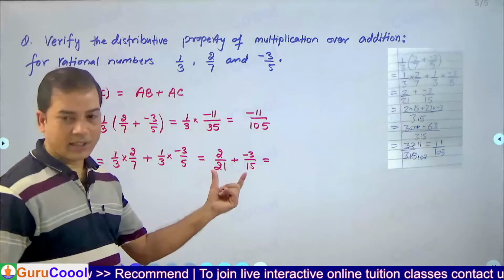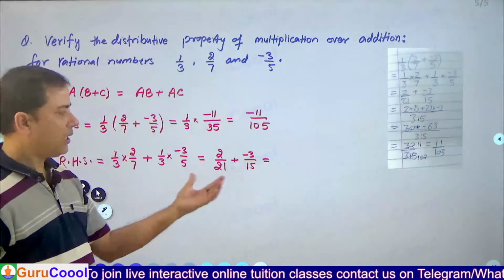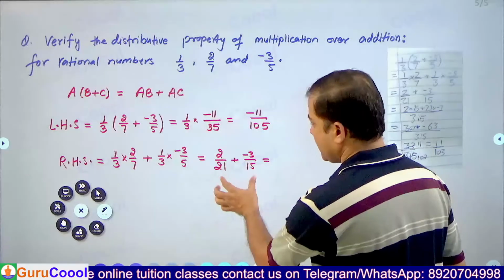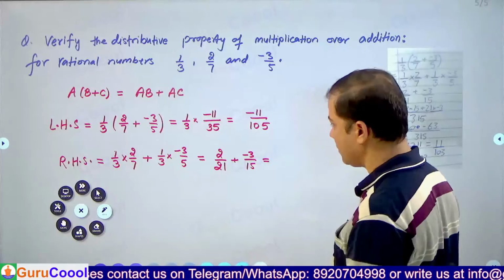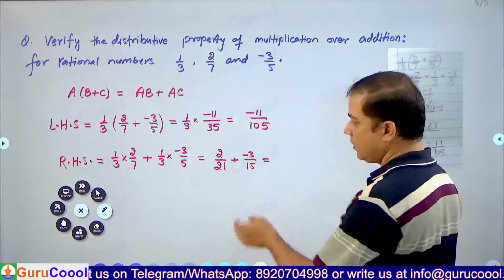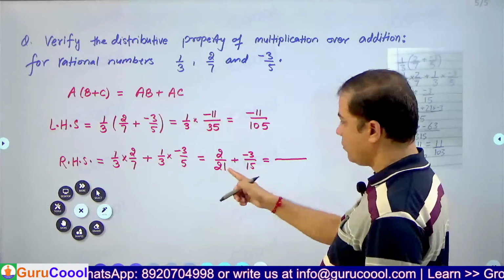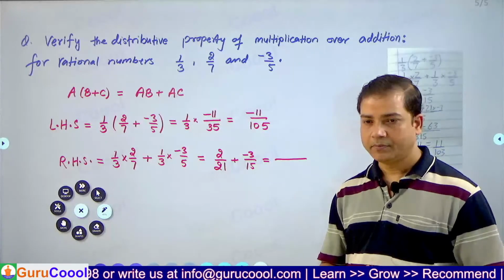Now you have to add these two. So either you apply the shortcut or you take LCM, it is your choice. I think if I multiply these two together, that will be a very large number. I don't prefer handling large numbers. Let's avoid that. Instead we will take LCM. 21 and 15. What's LCM? 105, sir.